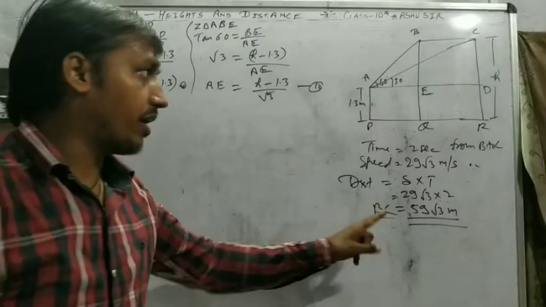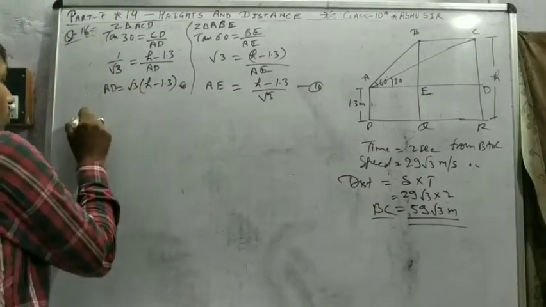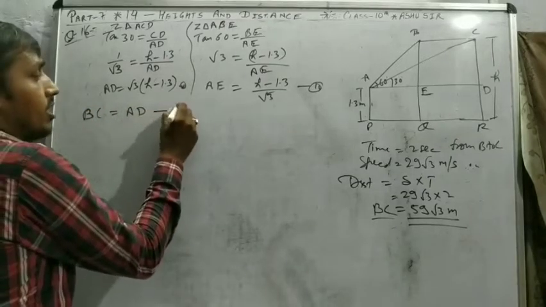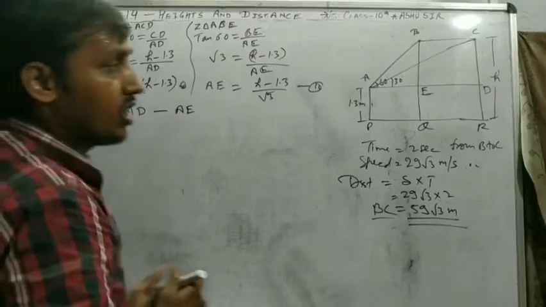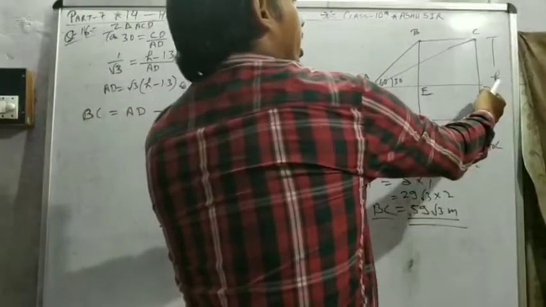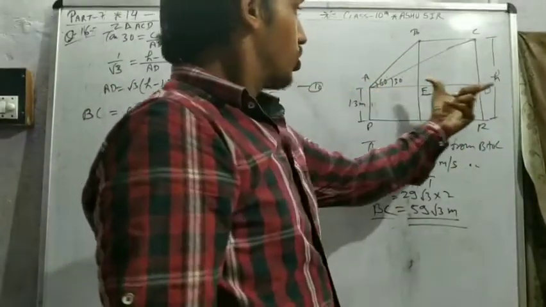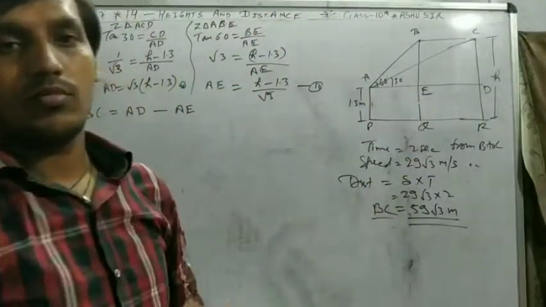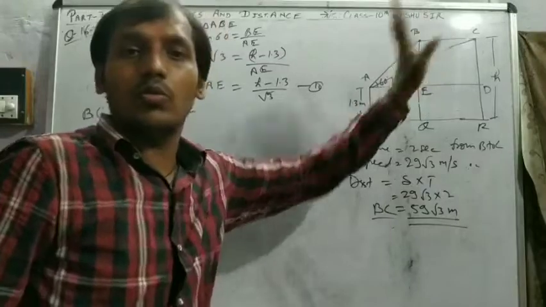And BC is given. So you know BC is equal to AD minus AE. If you see the figure, that is whole AD and this is AE. So whole AD minus AE is equal to ED, and ED is equal to BC.